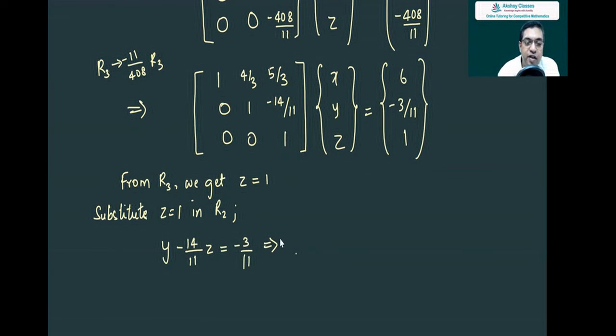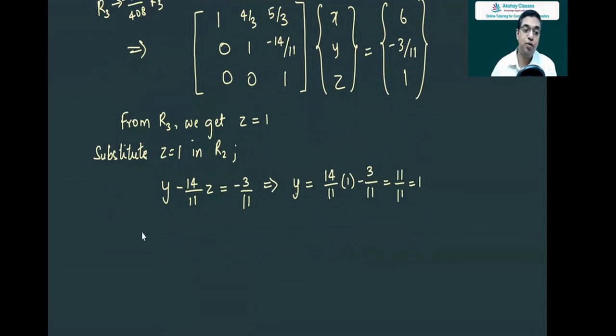So substitute Z equal to 1. We get Y is 14 by 11 times 1 minus 3 by 11. So you get 11 upon 11, which is 1. So Z equal to 1, Y equal to 1.